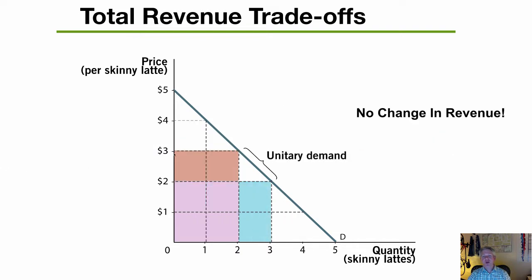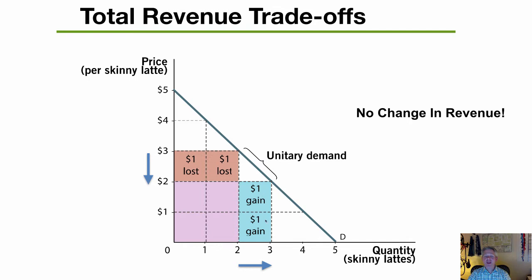So here we are going to lower the price from $3 to $2, and that is going to increase the quantity demanded from 2 to 3. All right. So this is the decrease in price. This is the increase in the quantity demanded. So we lose $1 for each of the units of the good. We lose $1 here by lowering our price. We make $1 less per unit that we sell.